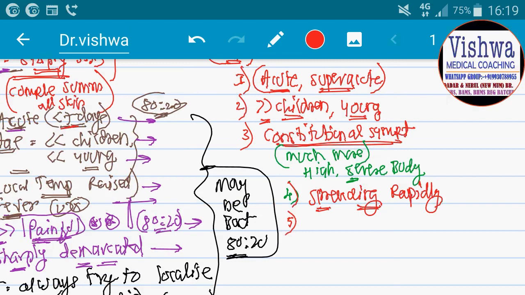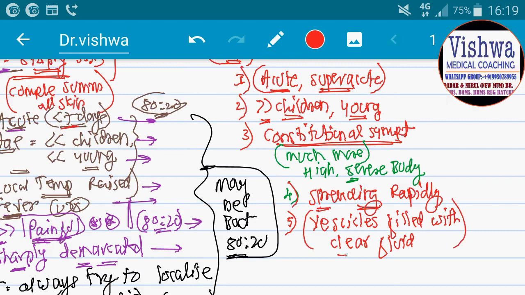Fifth important point is the lesion usually has vesicles which are filled with clear fluid, most of the time. I'm not talking about the 80-20 rule again. It is a vesicle filled up with a clear fluid.